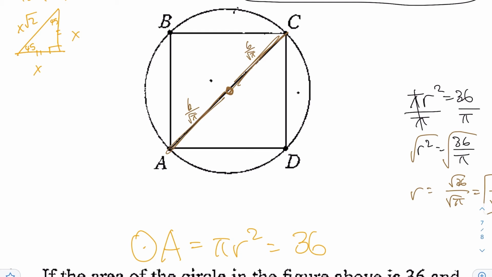So to solve for x, the hypotenuse here is 6 root pi plus 6 root pi, which is 12 over root pi. And 12 over root pi is equal to x root 2. And if you divide by root 2 on both sides, you would actually solve for x.